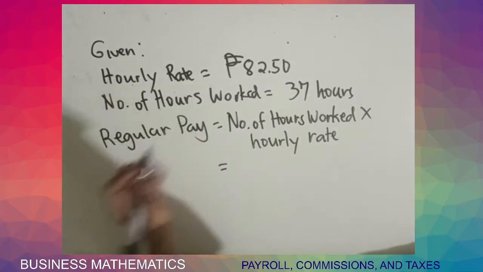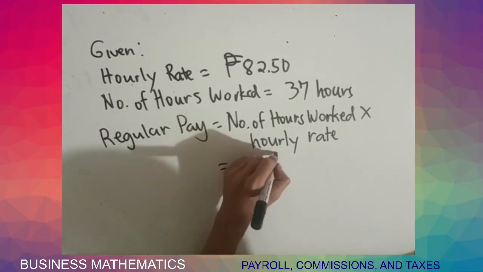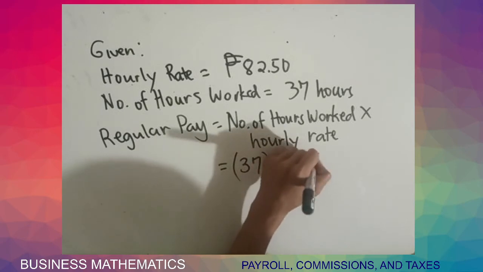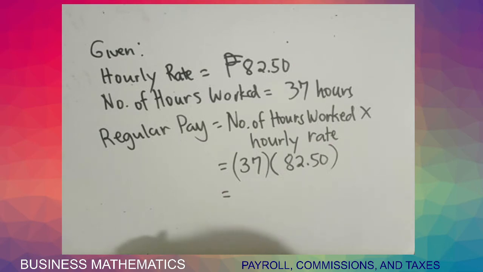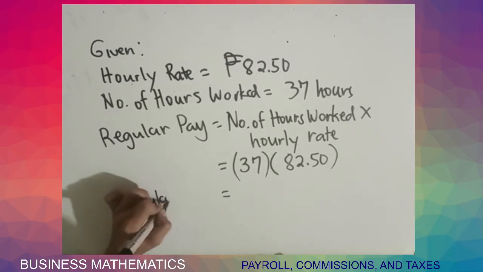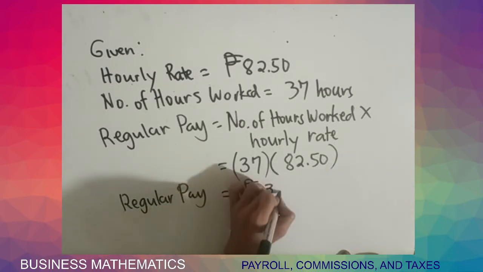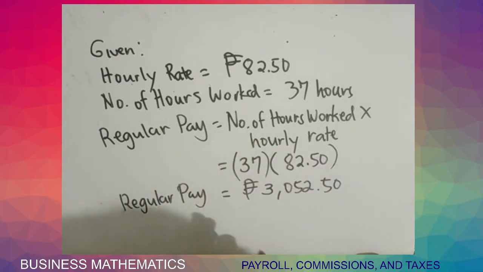Yung una is yung 37 hours, so 37 na lang yung lagay natin, times the hourly rate which is 82 pesos and 50 centavos. Then, makukuha na natin yung regular pay natin. So, 37 times 82.50 will be 3,052.50 or 3,052 pesos and 50 centavos.